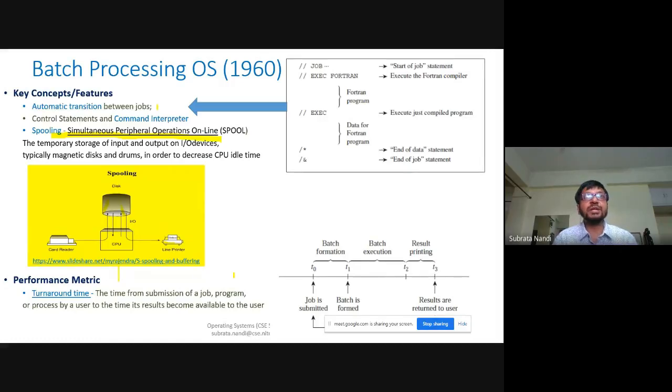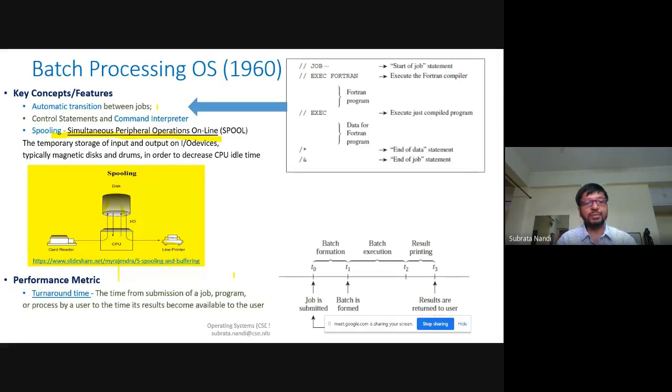You know that I have submitted this morning and I would be expecting my output tomorrow evening. If the system operator says that you can come this evening, then I'll be happy. So from the user's perspective, the performance metric is the turnaround time.